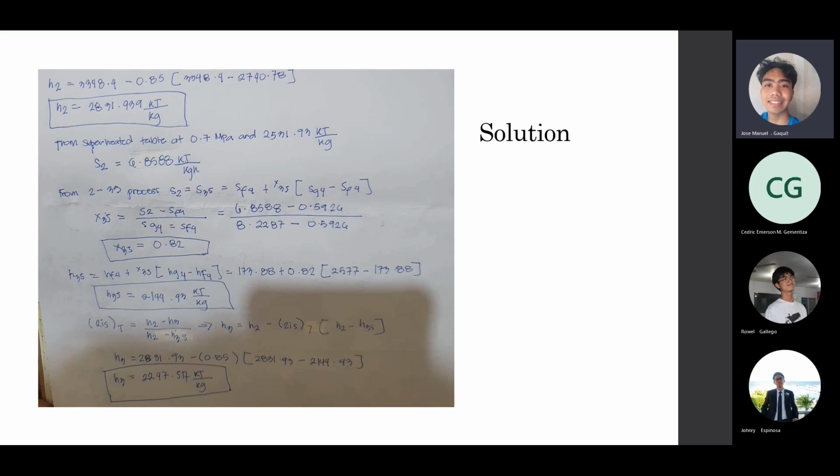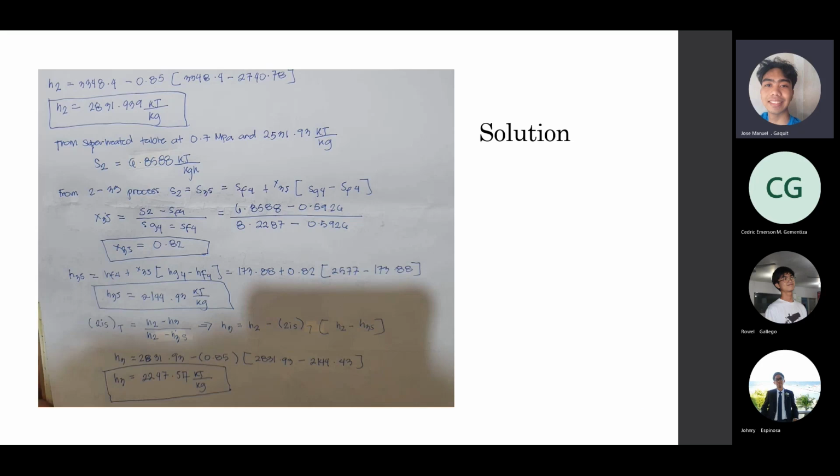So first, solving for H2, we get 3,348.4 minus 0.85, multiplied by the quantity of 3,348.4 minus 2,740.78. If you're wondering where this formula came from, it was derived from the isentropic efficiency of the turbine.